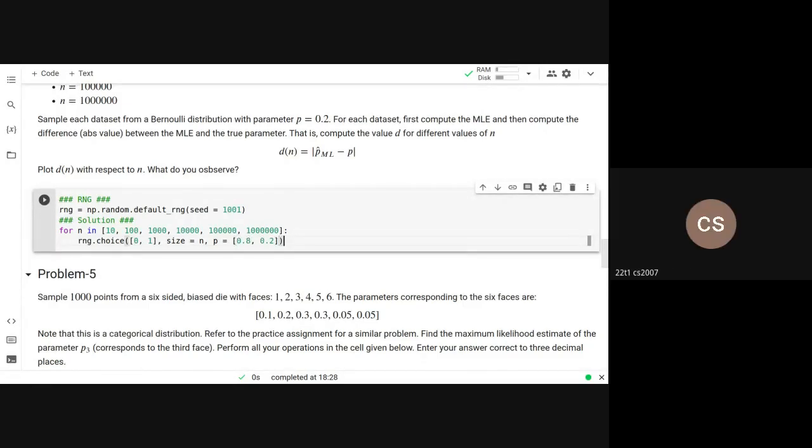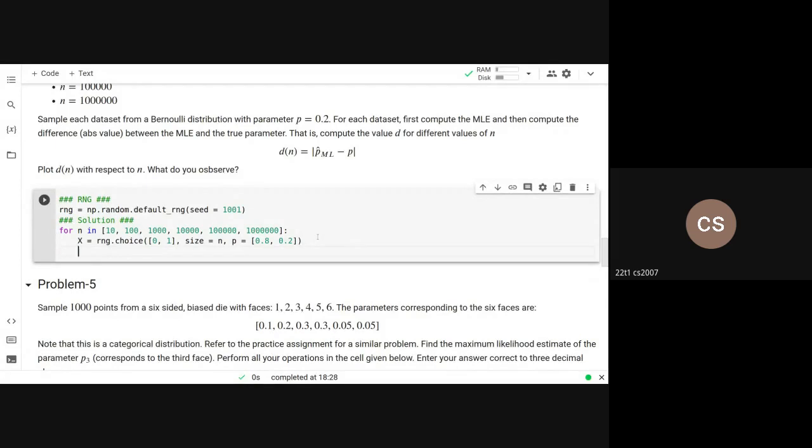So this is our data set, X. Once you have this X in place, you can generate your p_MLE, which is X.mean, the maximum likelihood estimate for Bernoulli.